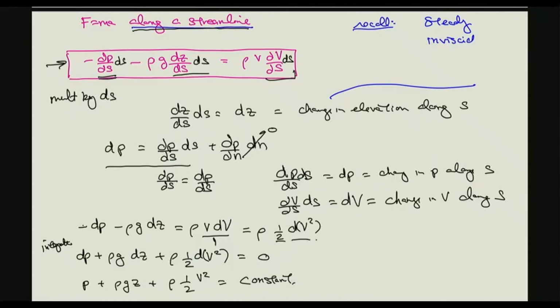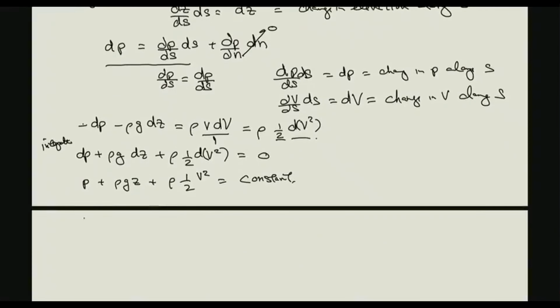And that's it. Let me make sure that I got this right. The way that I remember it is dividing by rho, we get p over rho plus gz plus v squared over 2 is constant along a streamline.